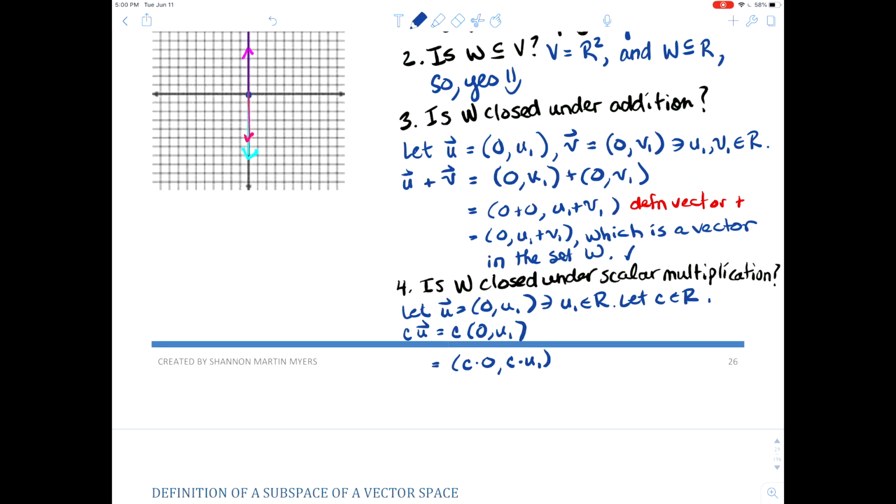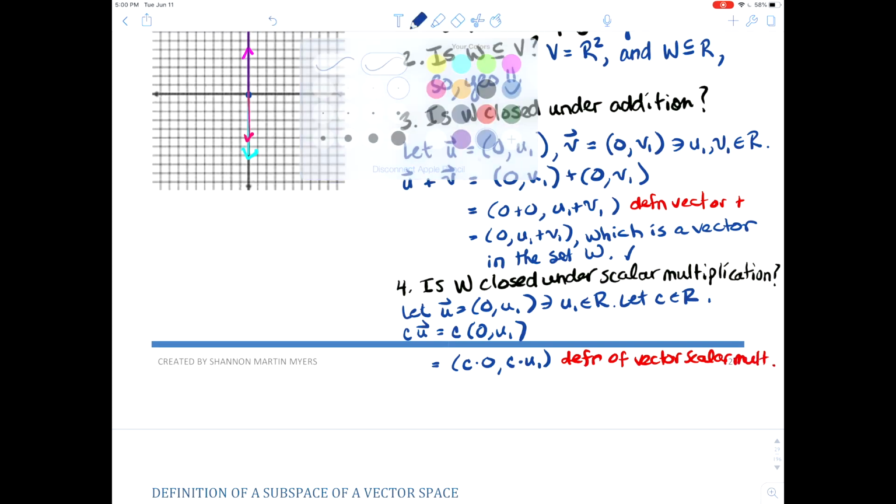So that is due to the definition of vector scalar multiplication. And that's going to be 0, comma, C times U1.